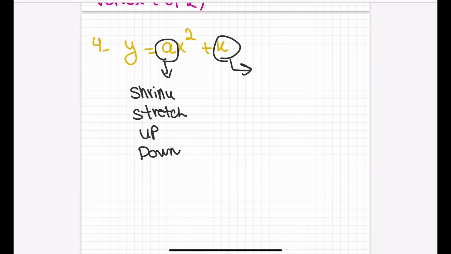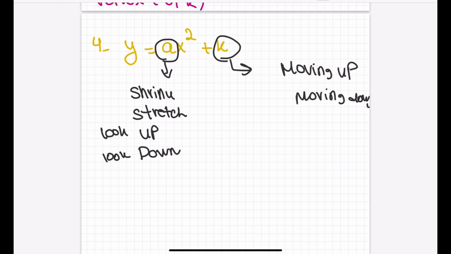And k is going to show you if your graph is moving up or moving down. I would say look up or look down, so you can know there's a difference between these two. Alright.